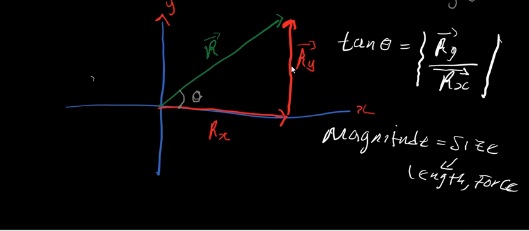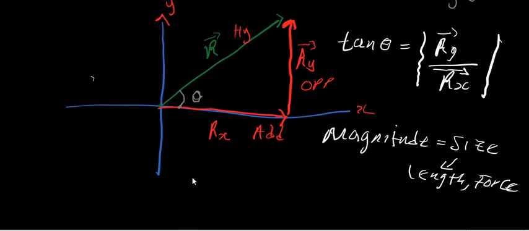So how can you find the magnitude of a vector like this one? You need to understand that this is more like the hypotenuse, and then this one is the opposite. Why is it the opposite? Because it is opposite the angle. And then this one is the adjacent.